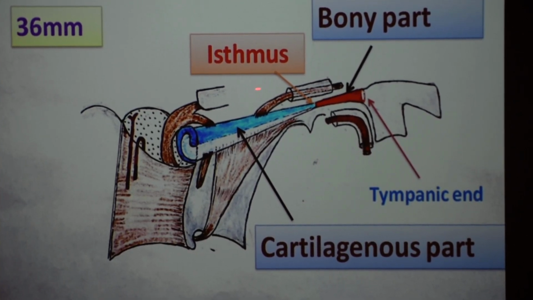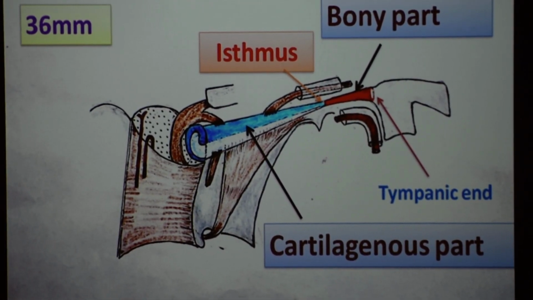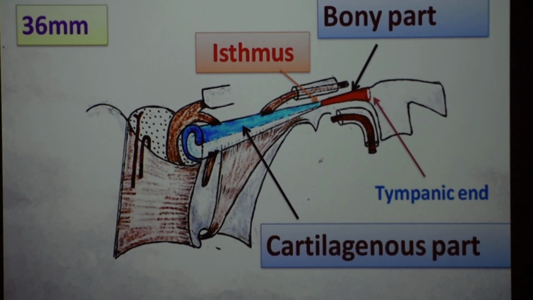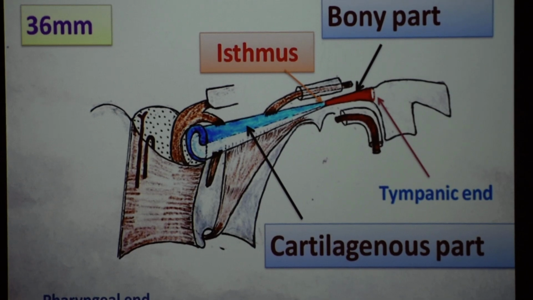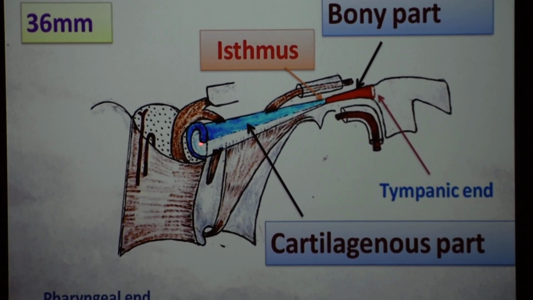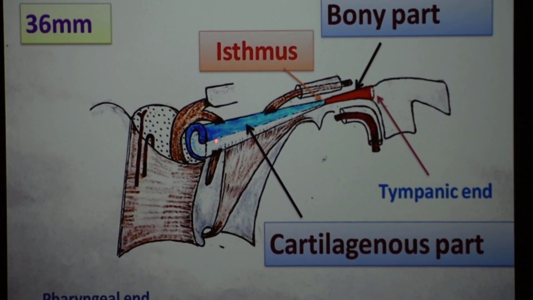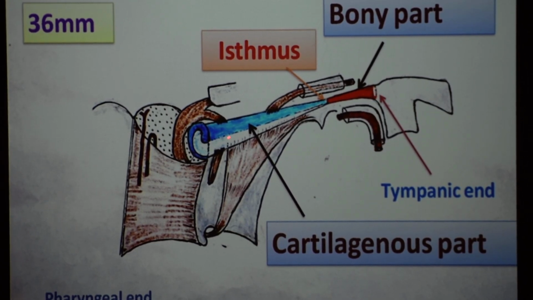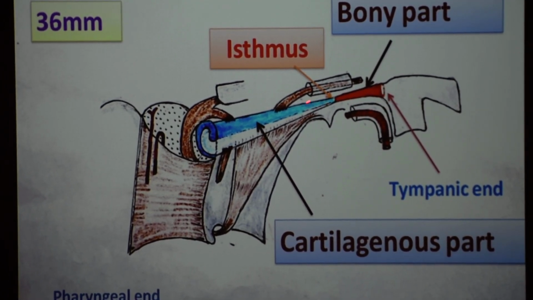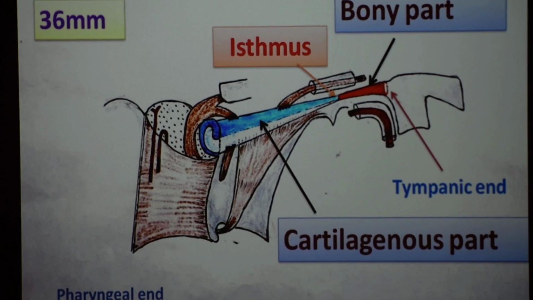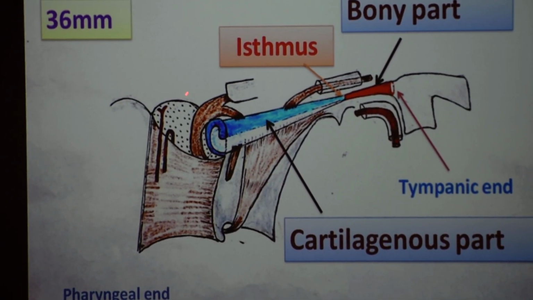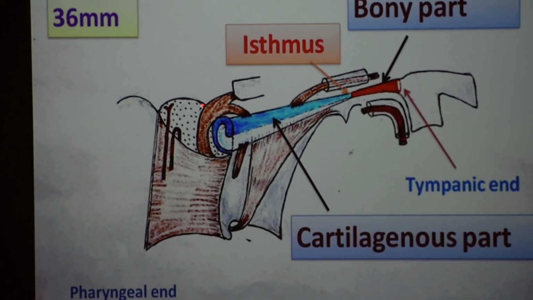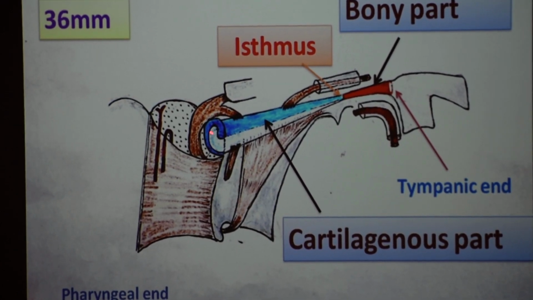This portion is the cartilaginous part, and through the pharyngeal end or pharyngeal orifice it opens into the lateral wall of the nasopharynx. Connecting between the bony part and cartilaginous part is the narrowest part, called the isthmus, and the widest part of the auditory tube is the pharyngeal orifice.